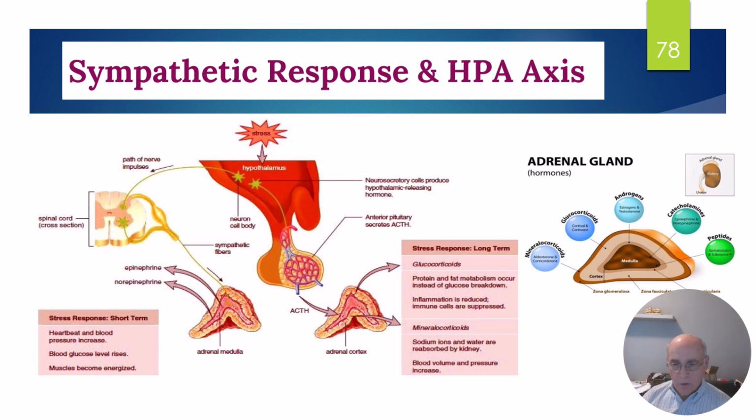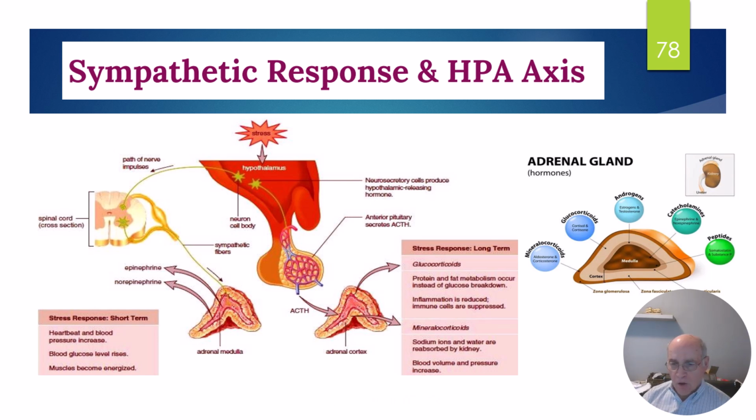This shows in simple form the HPA axis, which is once again the sympathetic part of the autonomic nervous system, and that the short-term response to stress would be an increase in heartbeat, blood pressure, the hair on the back of your neck sticks up, you sweat, and that ultimately leads to more cortisol or more corticosteroids, and that leads to inflammation being reduced because you're having more cortisol, meaning more corticosteroids, which leads to a blunting of the reaction.